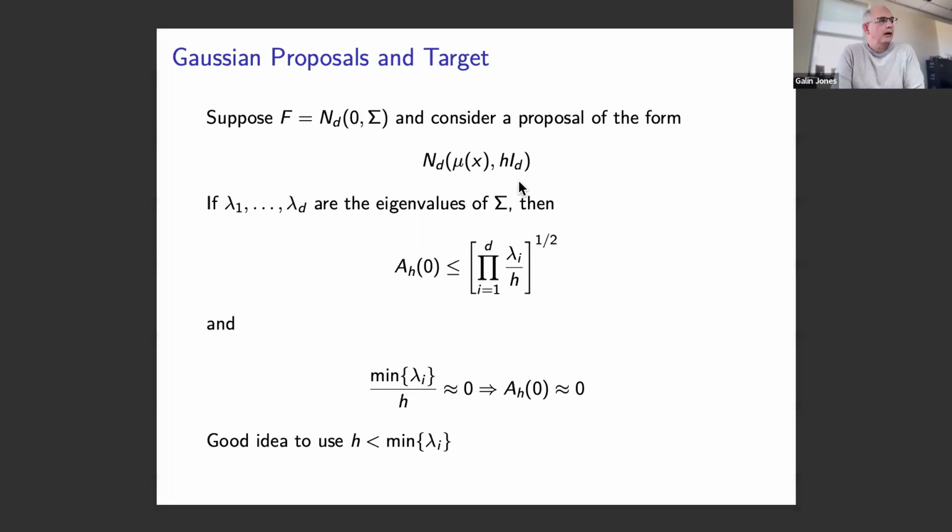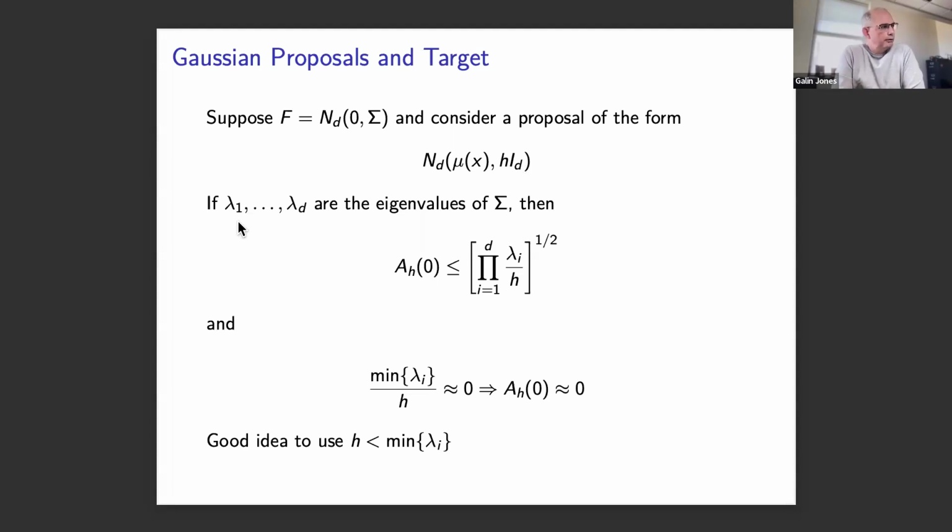So, we're going to consider our proposal distribution with an arbitrary mean function. And just to make the expression simpler, I'm going to choose the proposal scaling to be h times the identity.